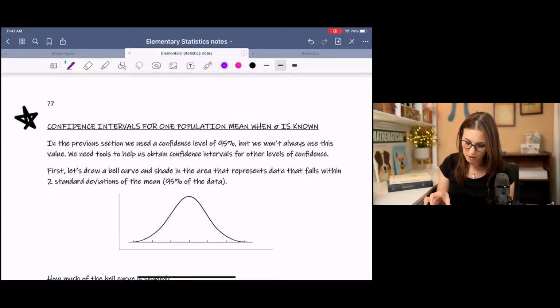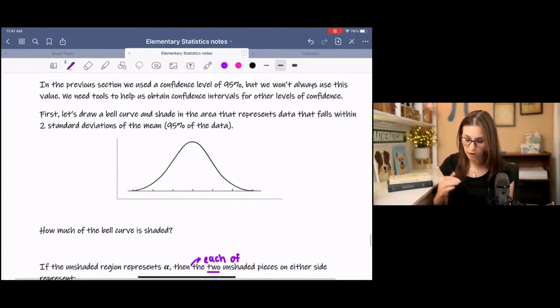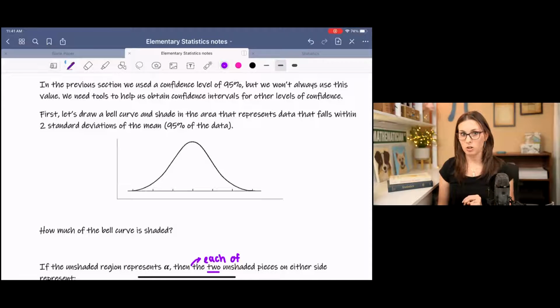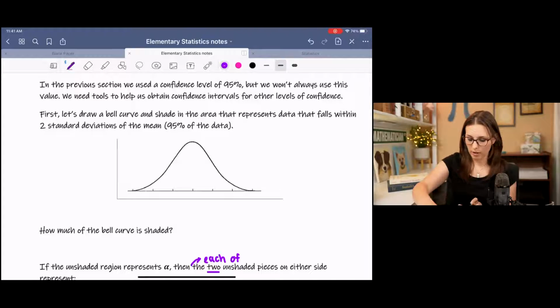So first, let's draw a bell curve. We don't have to draw it. This bell curve is a little bit off. It's supposed to be kind of levitating off the axis, but it's okay. We can use it. And we're trying to shade in an area that represents data that falls within 2 standard deviations of the mean. And we know from the empirical rule that that is 95% of the data. So our mean is here at the center.